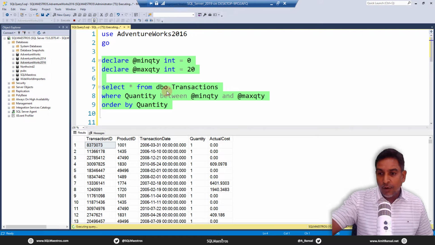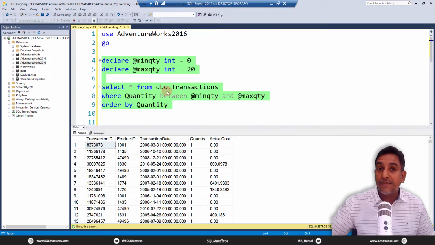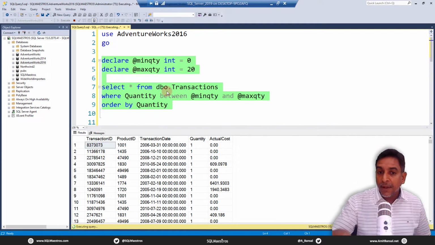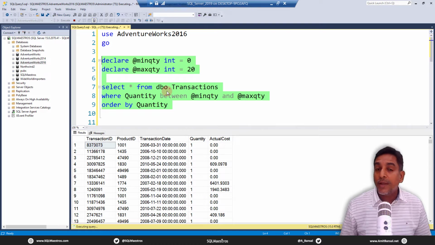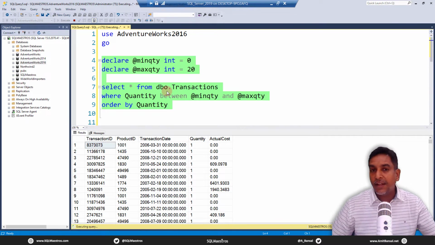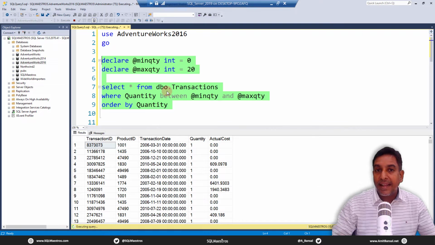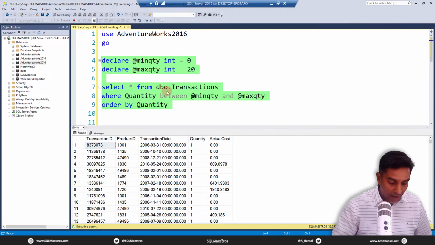So that value of 5 million, whatever it is, and the data size of 171 MB will remain the same, because SQL Server does not know the value of local variables until runtime. So the default estimation will always remain the same irrespective of the value that you assign to the local variables. Whether it is 20 or 30 or 40 or 50, that default guesswork is going to be the same, because that's hard coded.